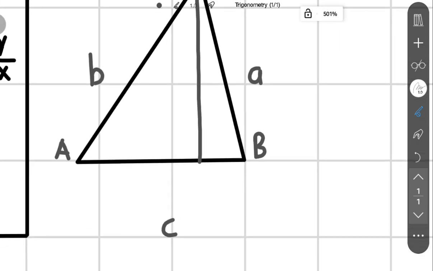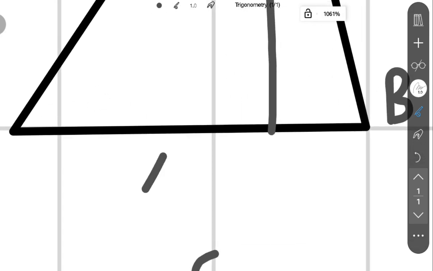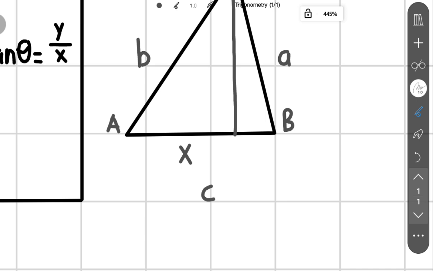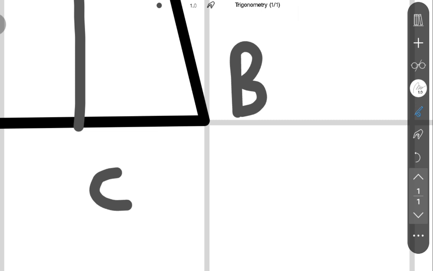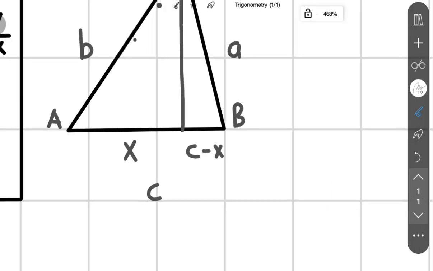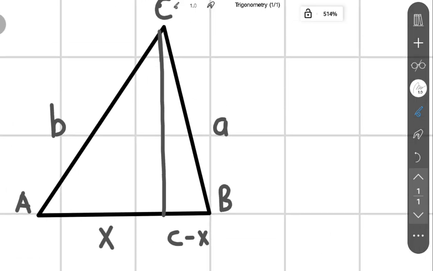Let's say I cut out a piece of side length c, and this is x. Now I have these two lengths split, and if I subtract them, the other piece will be c minus x. This line is drawn in such a way that you actually create two right angle triangles.